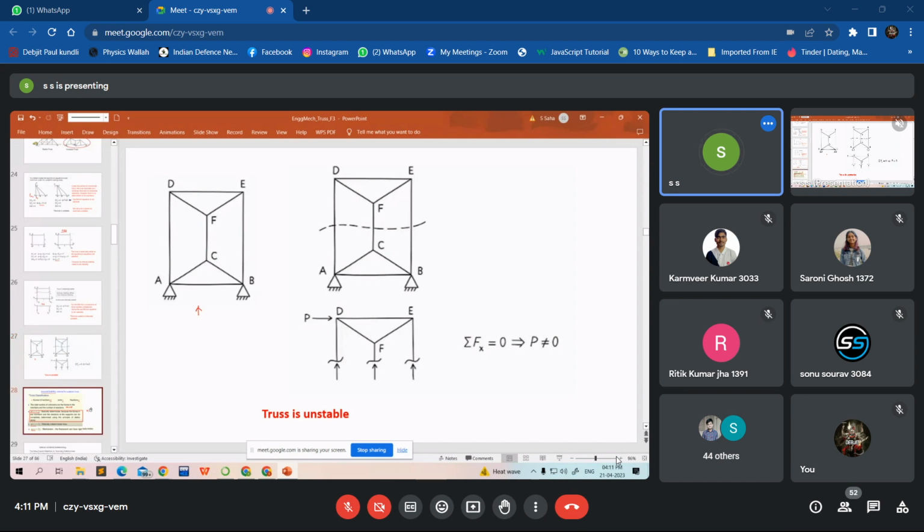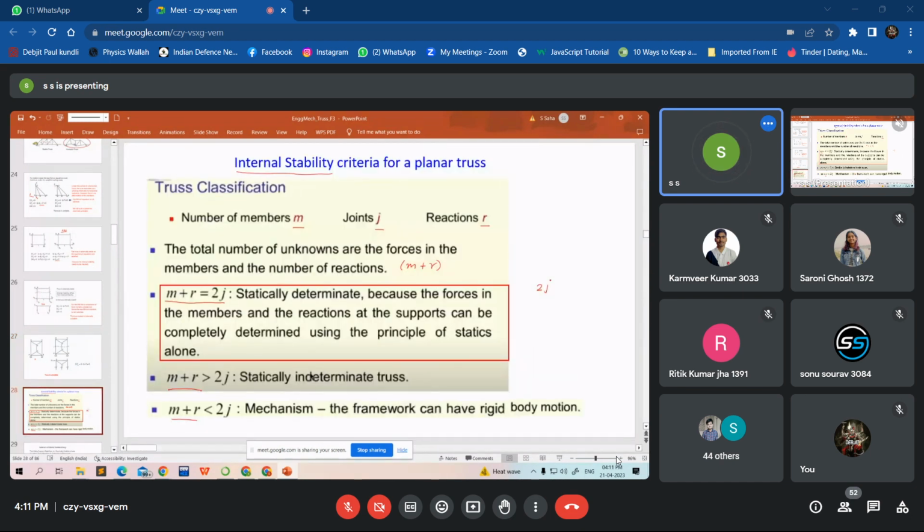Now, if we think of structural instability, what is the criterion? How will you know from looking at a truss whether the structure is stable or unstable? For internal stability, we can have a formula by which you will know whether the structure is stable or unstable.